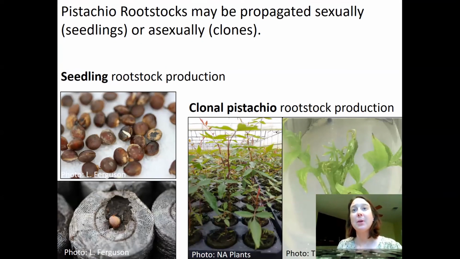Pistachio rootstocks may be propagated both sexually, and that is by seedlings, or asexually as clones. The seedling rootstock population is generated from seed, and clones are generally referred to propagation in micropropagation in tissue culture, like this photograph here on the right.